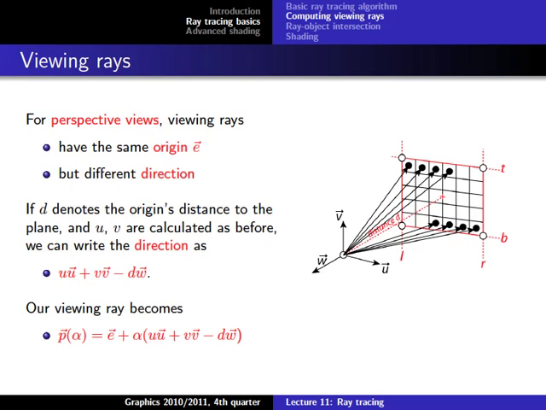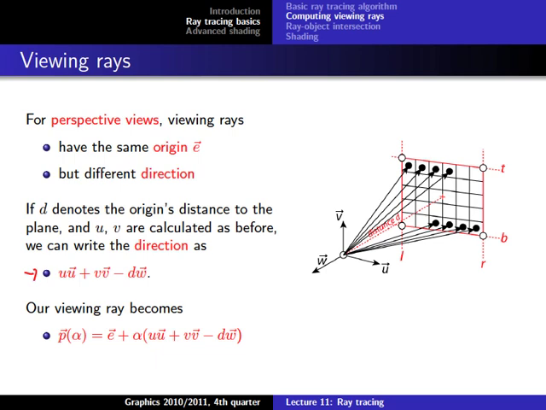Good. And of course, if we want to do the perspective projection, then our rays look a little bit different, because then our rays all start at the very same position. They all start at the origin, but they have a different direction, namely the direction from the position of the eye through the pixel on the screen. And we have specified how we can describe this pixel on the screen. We used it just previously in the previous example for getting the different origin.